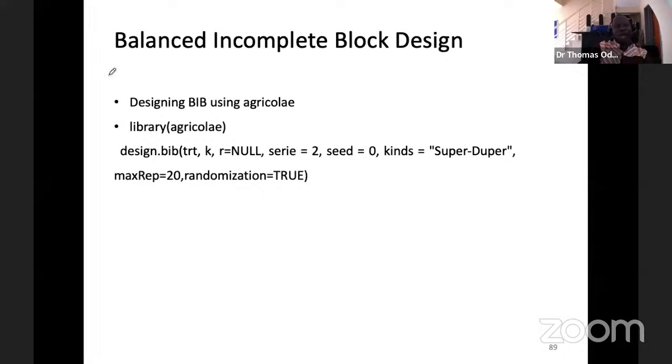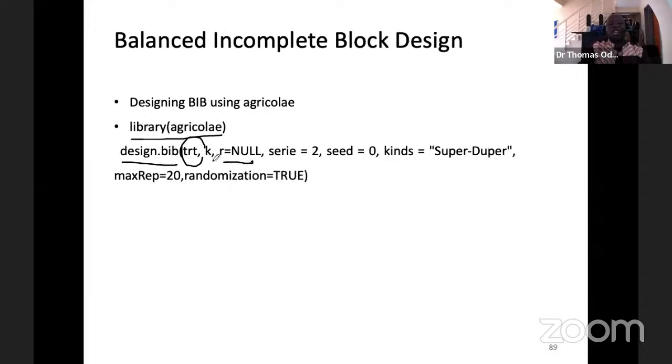I'm going to show you how we can use agricolae again to design a balanced incomplete block design. This time we are going to use design.bib. BIB is balanced incomplete block design. TRT is your treatment. K is the size of your block. In this case, you can leave R as null.